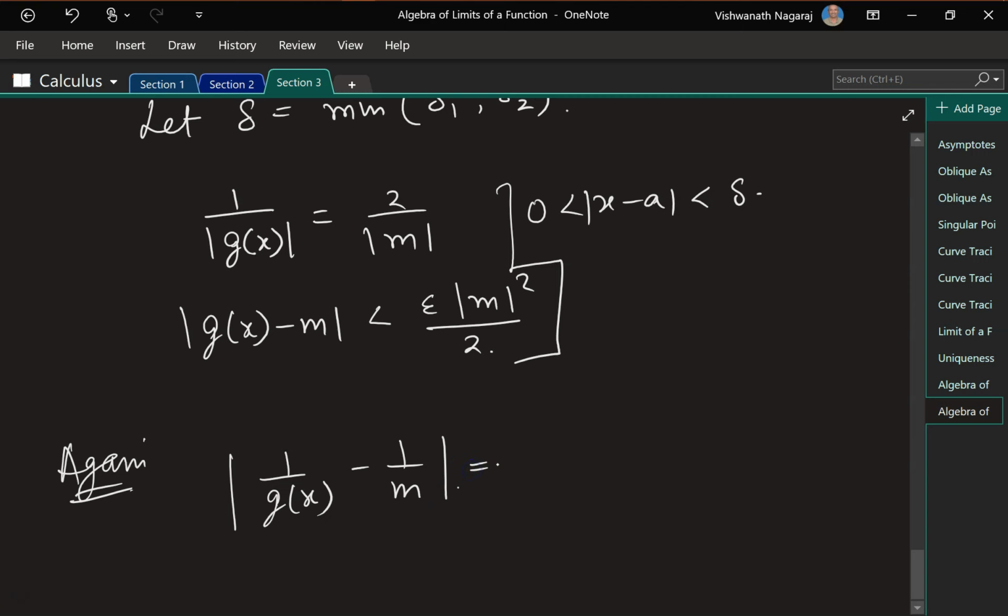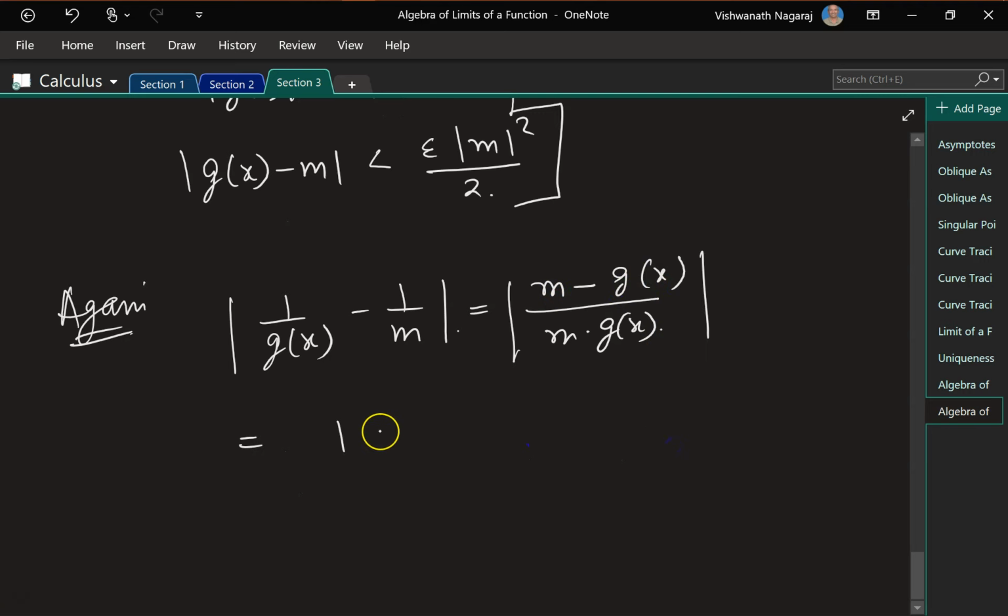Now this can be written as, taking the LCM, magnitude of m minus g of x over m times g of x. Since magnitude is there, we can write it as magnitude of g of x minus m, and in the bottom we can split it up into magnitude of m times magnitude of g of x.